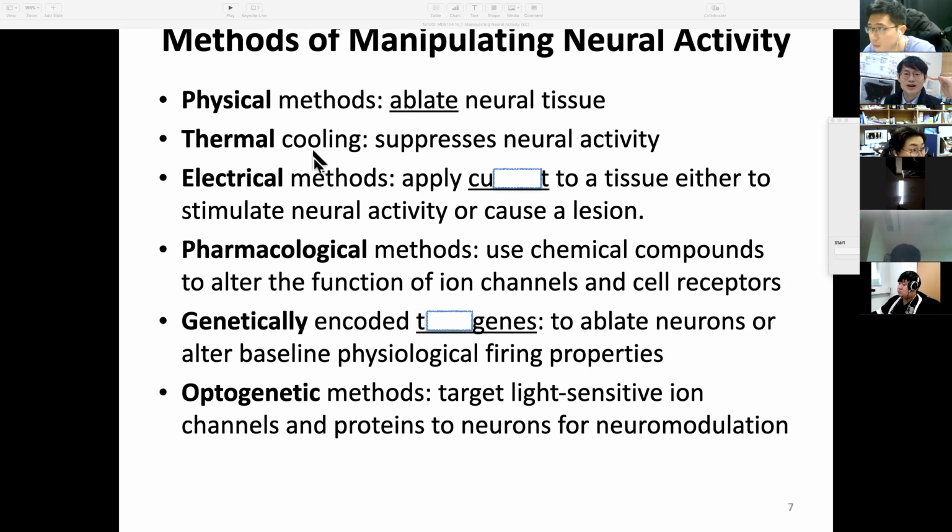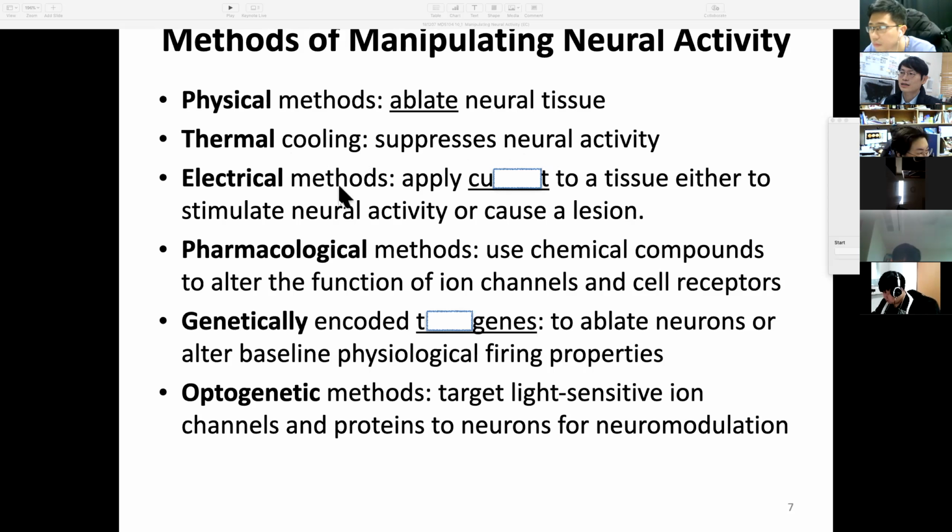Especially when you cool down, everything slows down, so that suppresses neural activity. However, you have to remember that our brain, or an animal brain, has very tight control of thermal regulation, because temperature is very important for all biochemical and enzyme activity. But we can actually use this.